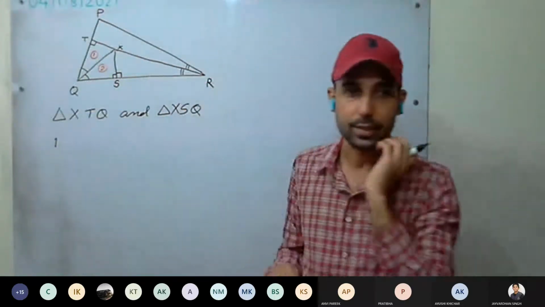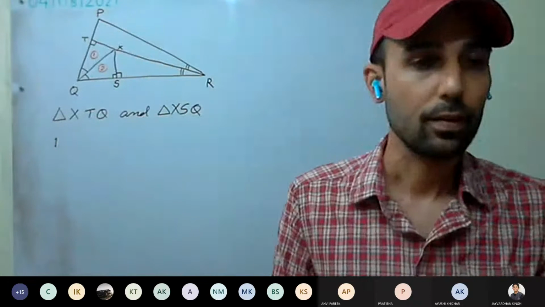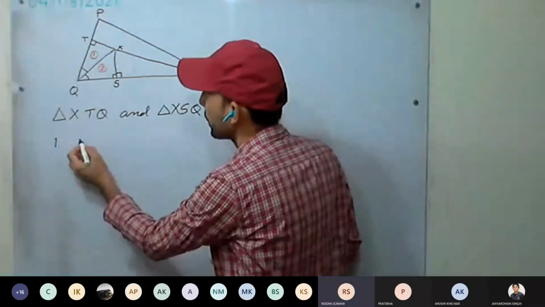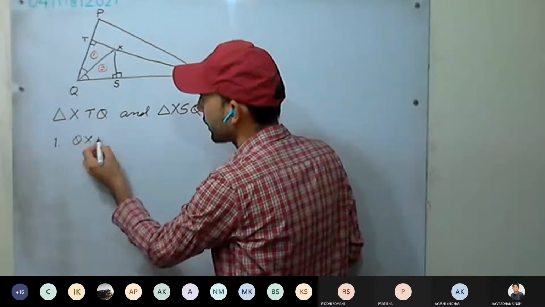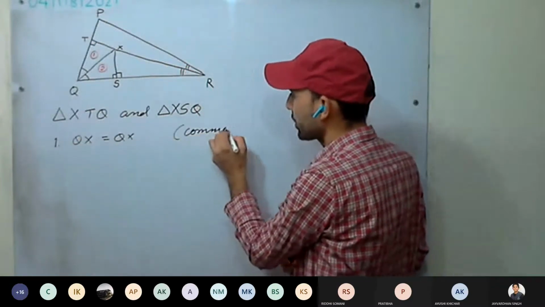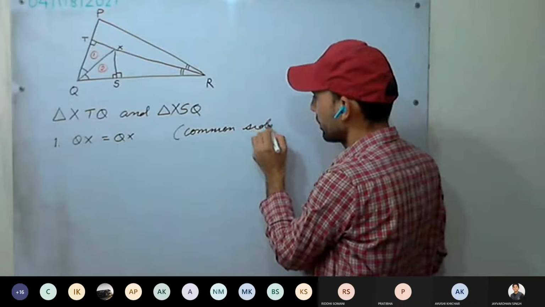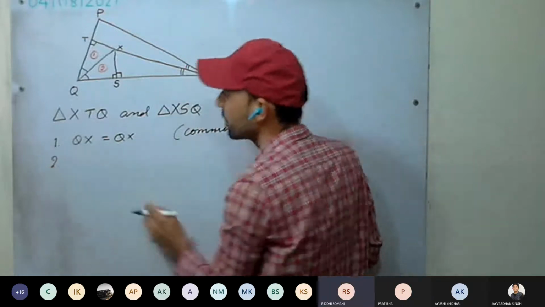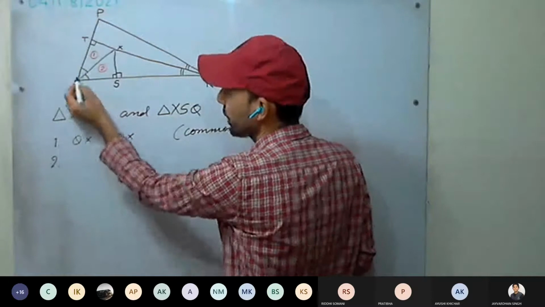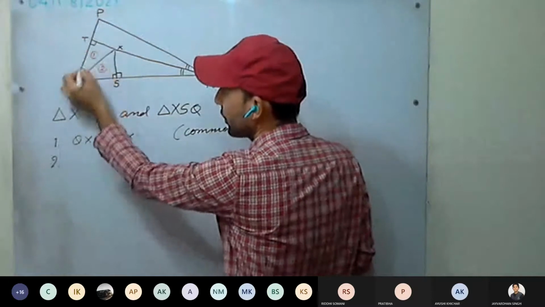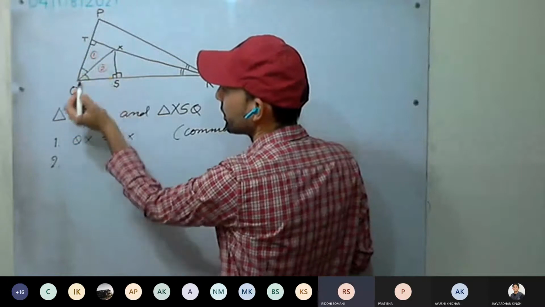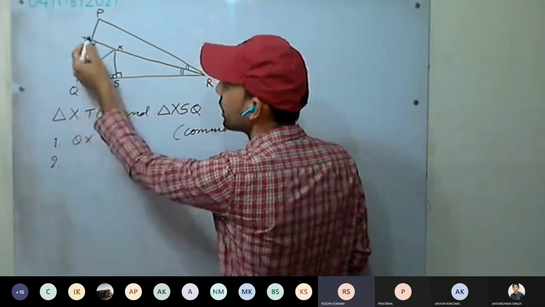So what are we going to take? Sir, QX is common in both. QX equal to QX, it's a common side. Next one. Sir, angle Q. This angle. So we cannot say angle Q. In the first triangle, what will be this angle? Sir, angle TQX and angle SQX.